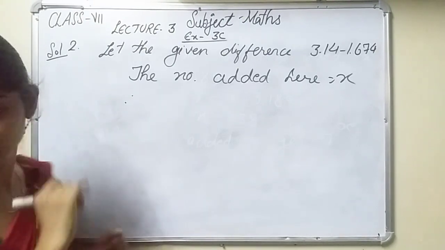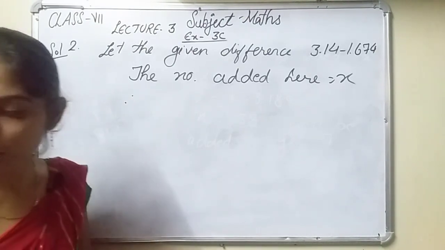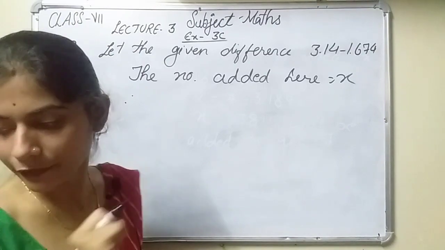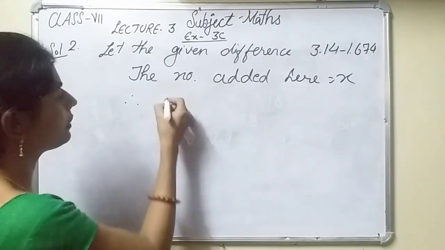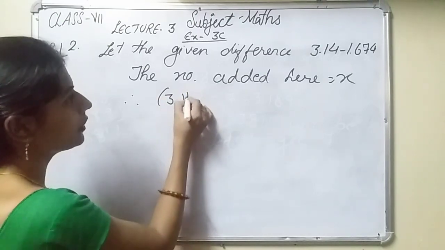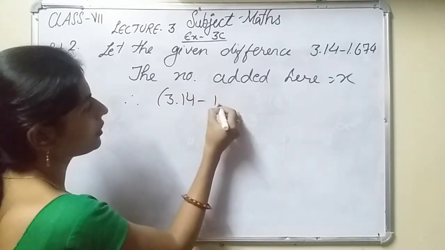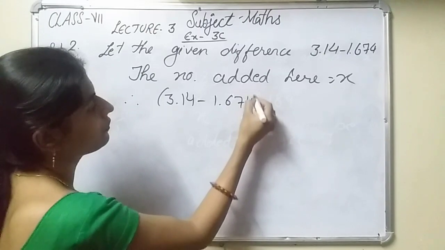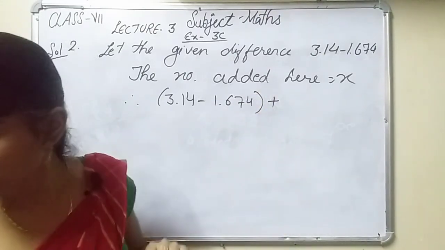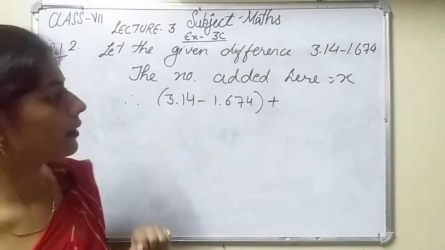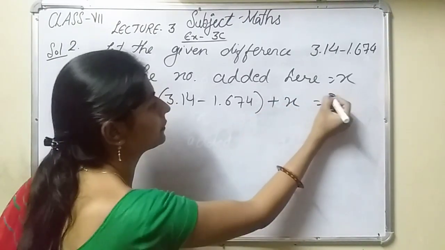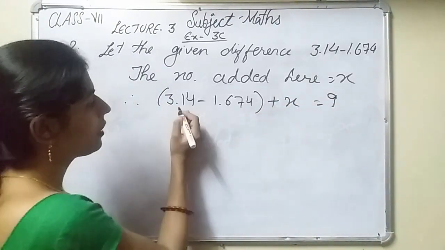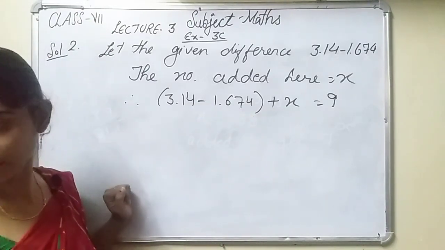Therefore, what should be added to the difference of 3.14 and 1.674? The difference given here is 3.14 minus 1.674, plus x is equal to 9. Now see, first of all solve the bracket.